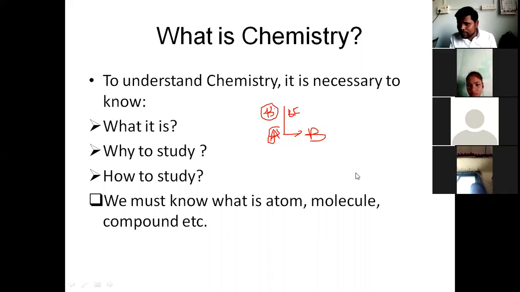No one can give the answer, because everyone studies according to their own way. Everyone has a different way of studying it. But in this total chapter, we are going to learn how to study chemistry, because how to study is not a one-sentence answer. This is a practical answer.